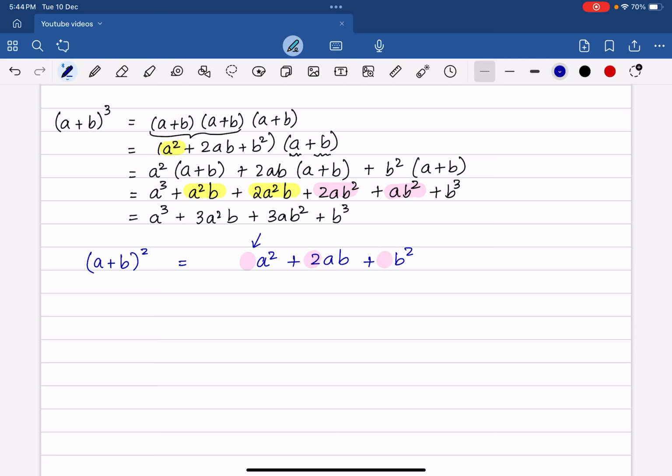When you see nothing over here, what does it mean? It means it's 1. The coefficient over here, or the constant over here, is 2, and the coefficient over here, again nothing, means 1. Similarly, if I have a plus b the whole cubed, I have already expanded that, and if you check that out, it will look somewhat like this.